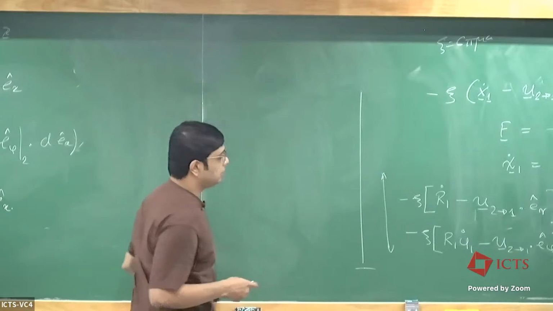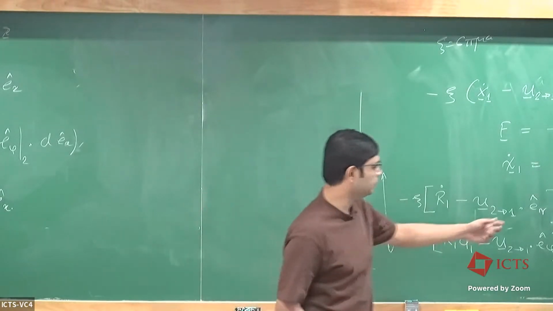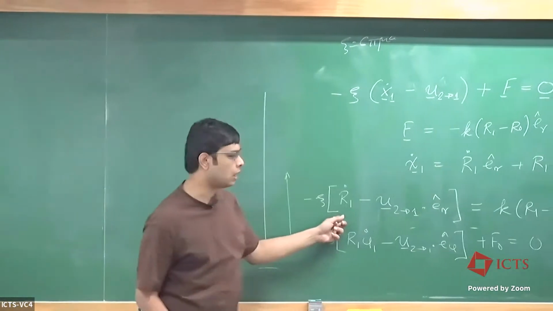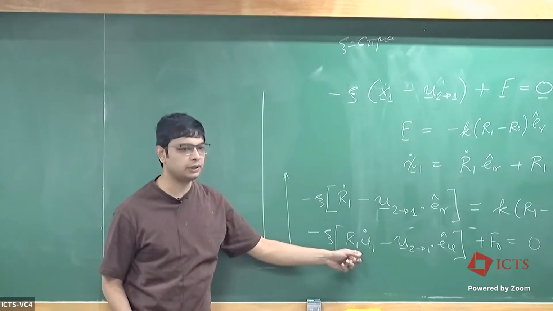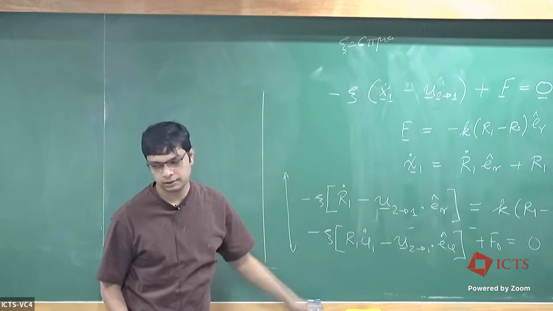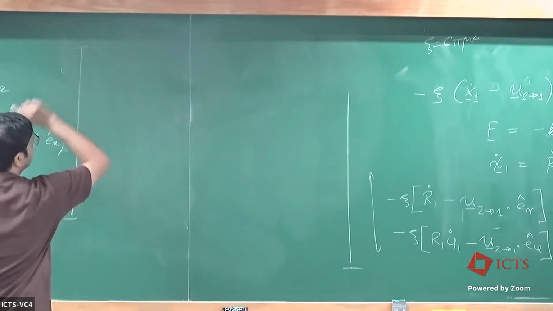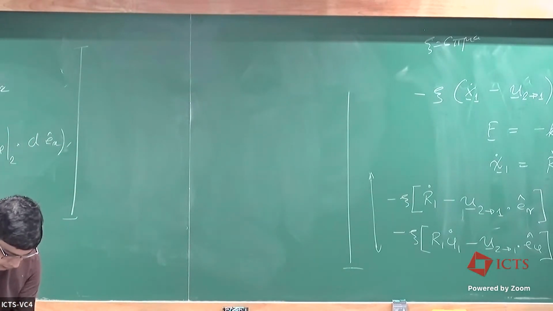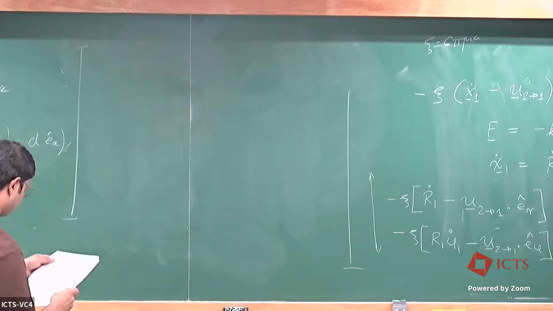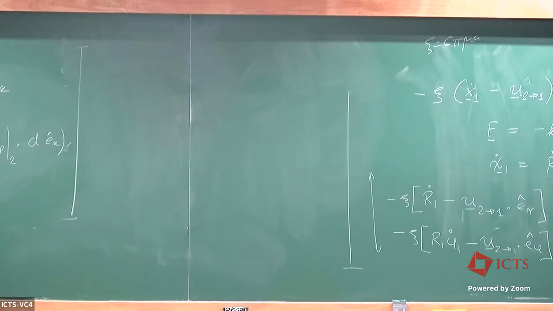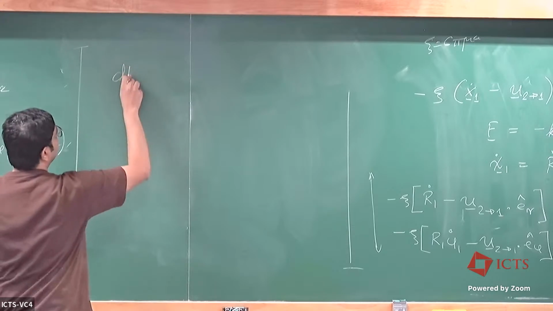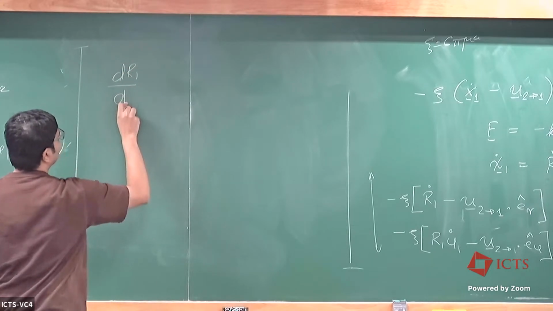I can simply multiply with these vectors and derive an equation for R1 dot, and we can derive an equation for phi1 dot, correct? So I will just let you do the algebra, but I will just write down the equation that you get for R1 dot, R2 dot. So what you get is the following.